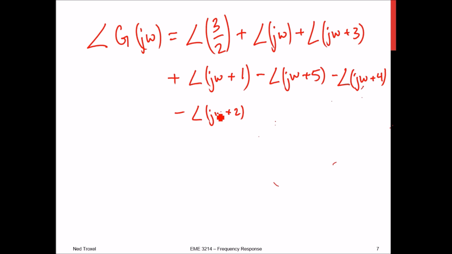So again, you see I'm able, based on splitting up my transfer function into a gain, zeros, and poles, to look at the effects separately, individually, and just add them up for my final Bode plot. So this is very important.